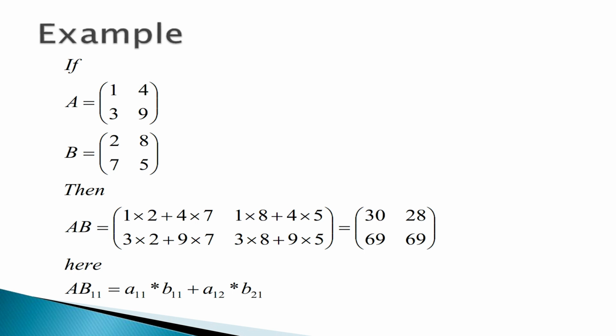Similarly, the second row of the first matrix with the first and second column of B, that becomes 3 into 2 plus 9 into 7. Similarly, the fourth element is 3 into 8 plus 9 into 5. So the AB matrix becomes 30, 28, 69 and 69. That is, the first row contains 30 and 28 and the second row contains 69 and 69.